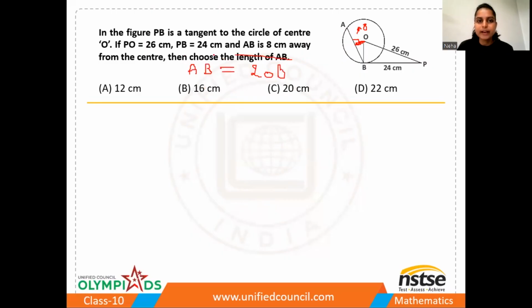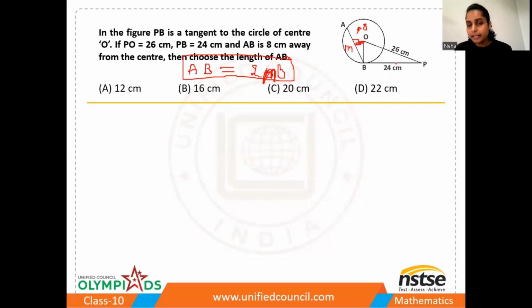So if I can find out the length of OB, then I can find out the length of AB also. My dear students, sorry, it is not OB. Let's suppose this is M, so this is MB. AB is equal to twice of MB, right? So if I can find out the length of MB, then it will be great.